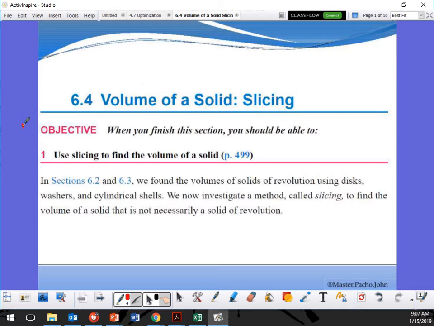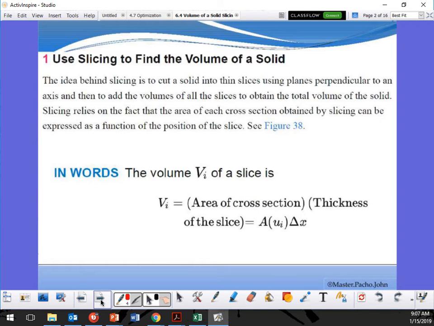Okay. Volume of solids. So we've already been doing a bunch of solids, right? Revolutions, whatever the f of x under it, right? And then we rotate that f, and then we get a volume out of that. It's an area of a cross section.